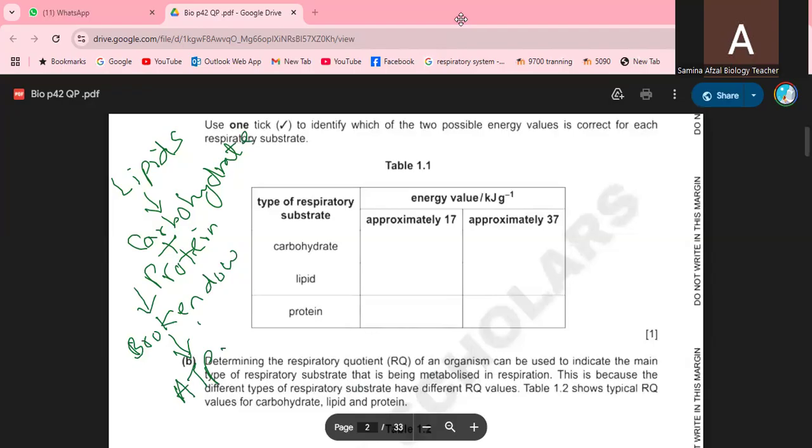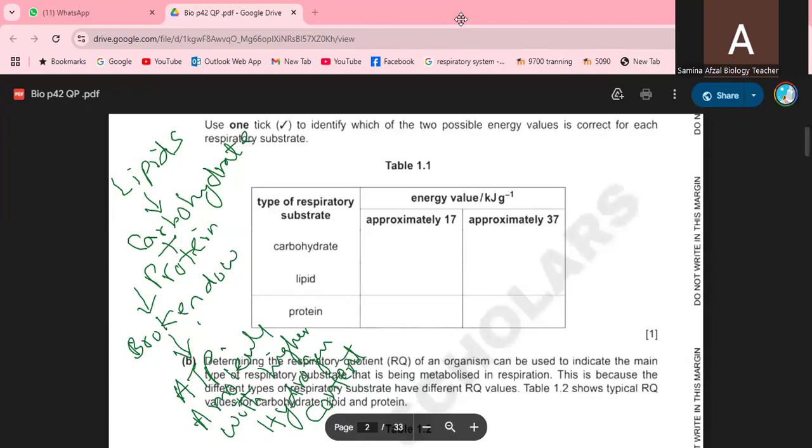So here I want to say that a molecule with a higher hydrogen content will result in a greater proton gradient across the mitochondrial membrane.